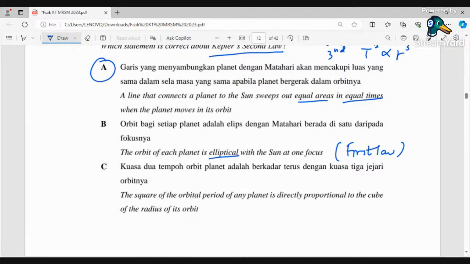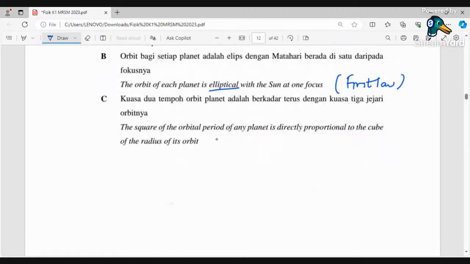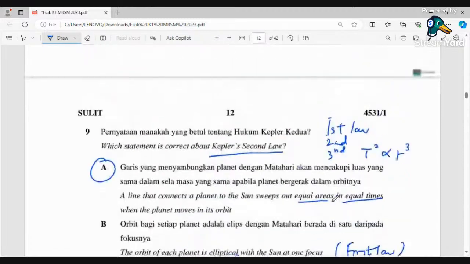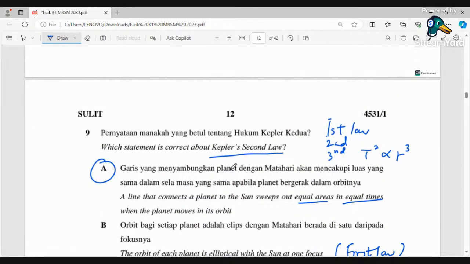Elliptical. Okay, and then yang C ialah third law. The square of orbital period, T squared, is directly proportional to the cube of radius. Okay, the third law. Jadi jawapan ialah A lah, sebab dia nak second law.